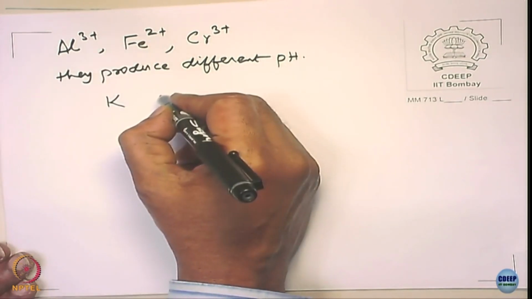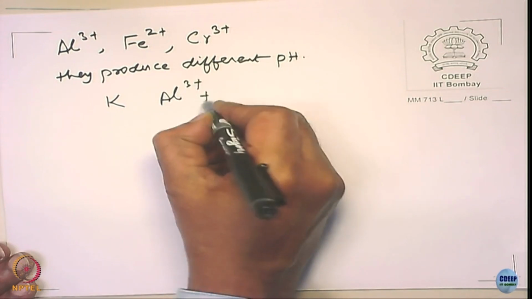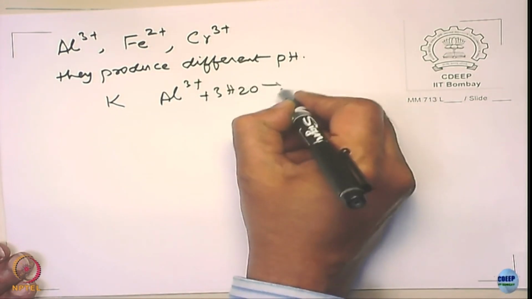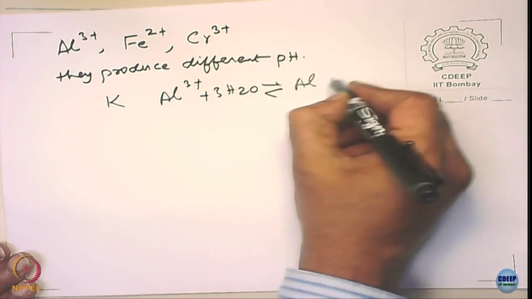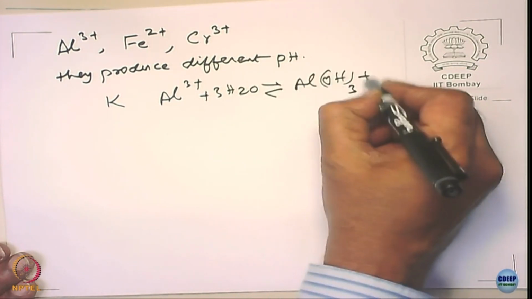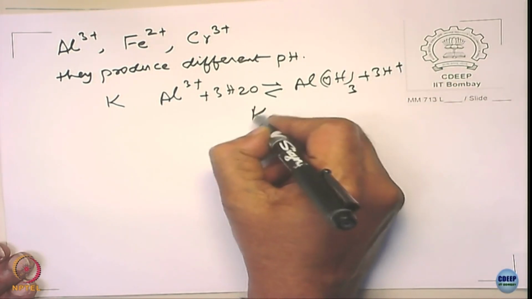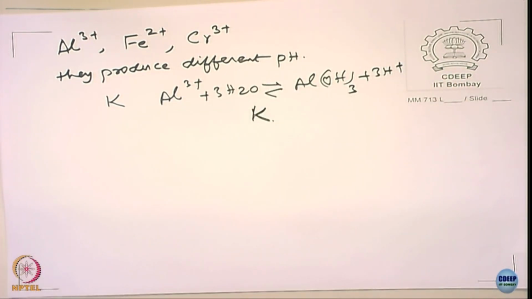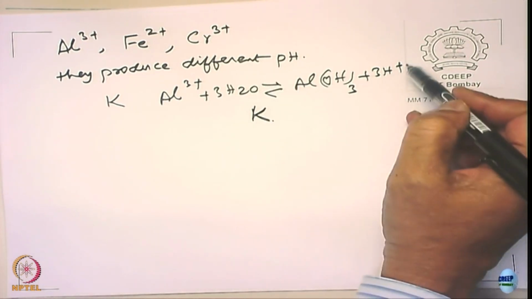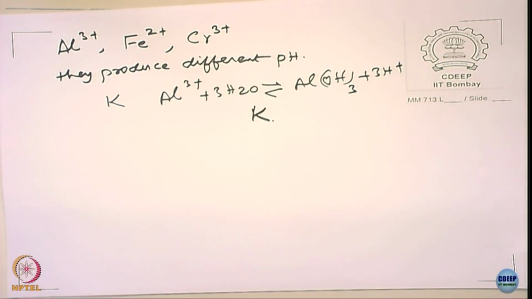For example, Al3 plus with water, the K value will decide what the pH can be.